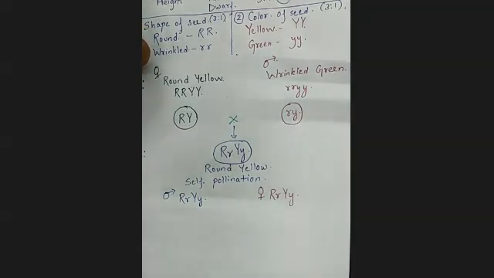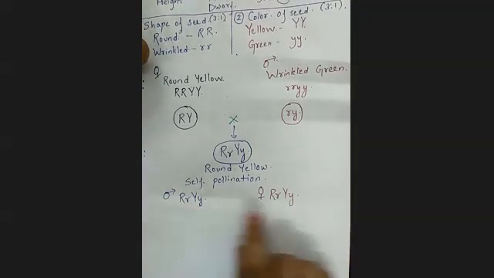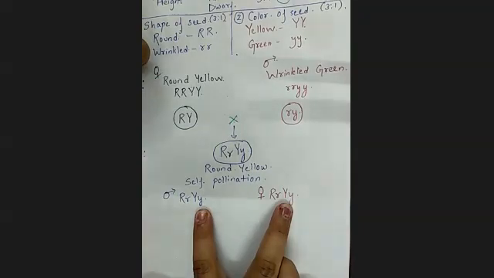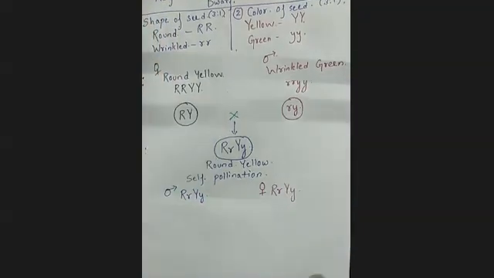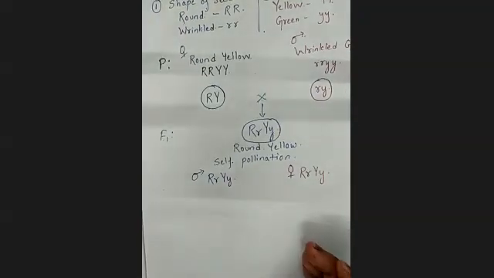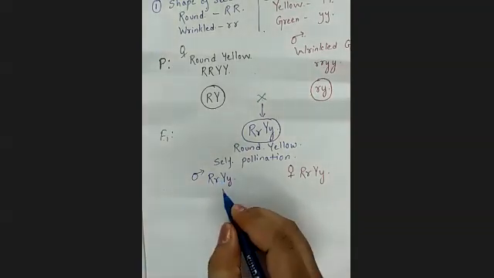Now the gametes, that means pollens and ovules formed from these types of parents, let me write them down.